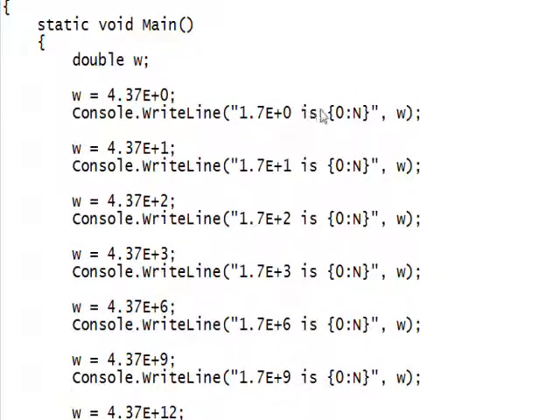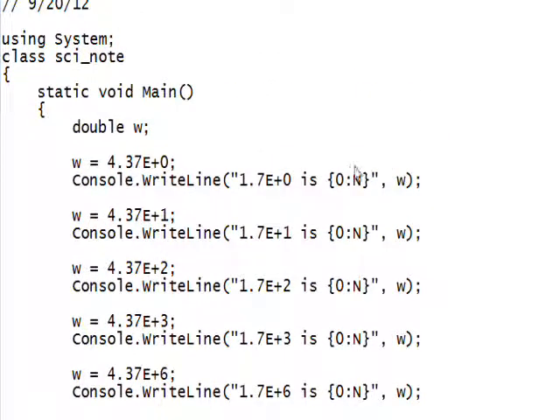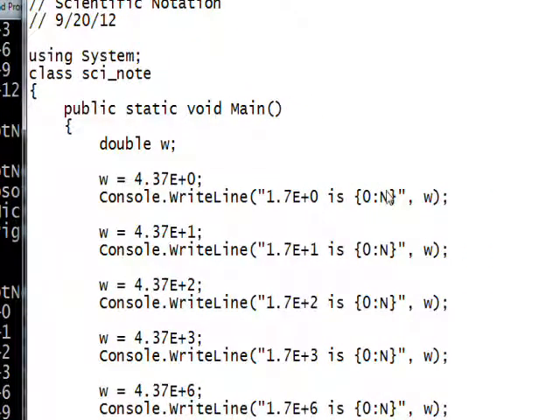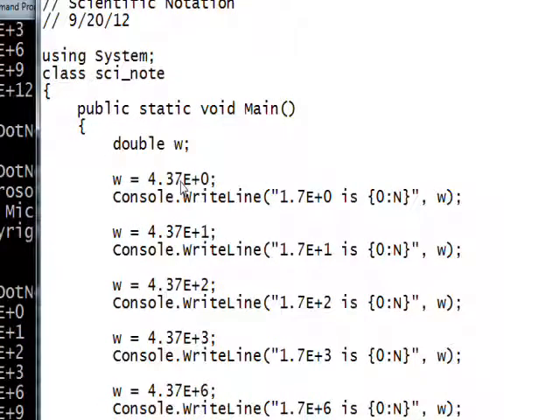And the test program we're using to illustrate this is a console application. It somewhat bothers me that I didn't put public here, so I'm going to put public. And we have a double data type variable called W, and then I say W equals 4.37 E plus 0, and that would be times 10 to the 0, and anything times 10 to the 0 power is times 1, so that'll essentially be 4.37.